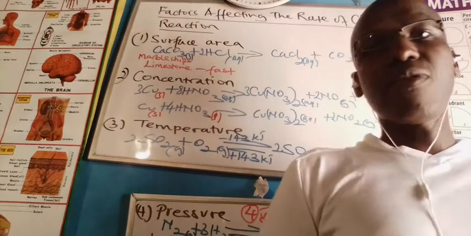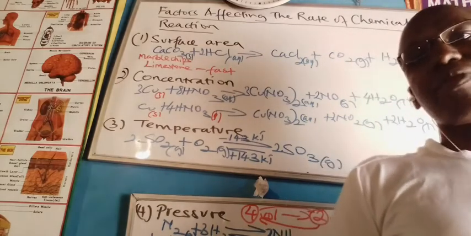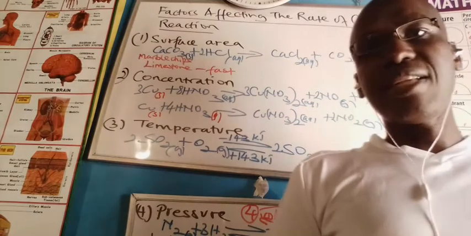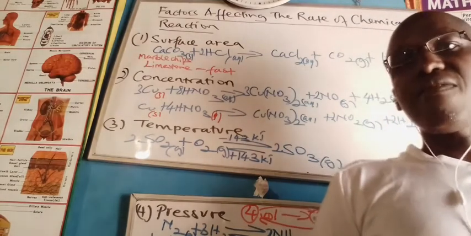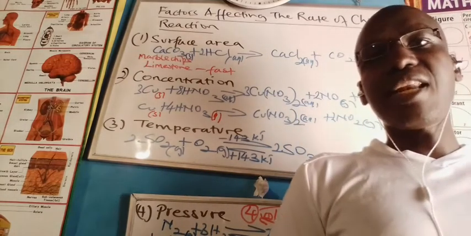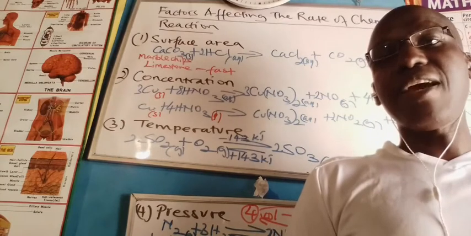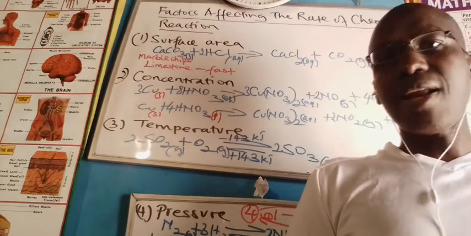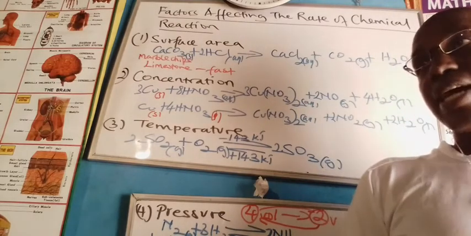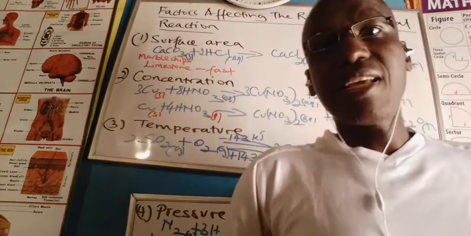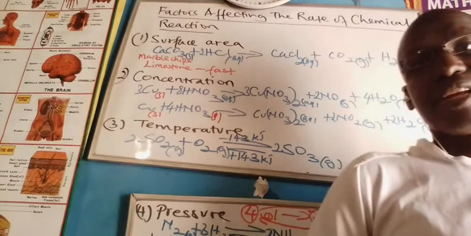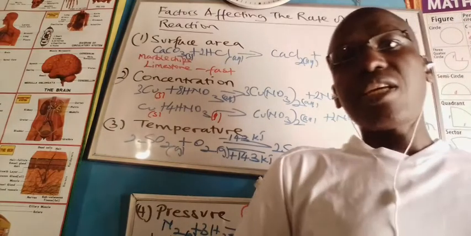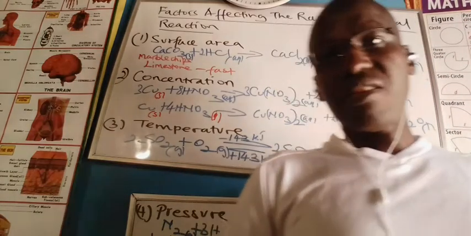The fourth factor we have looked at is pressure, and we have said all chemical reactions will be enhanced by pressure increase if the end result is a reduction in volume. However, if the end result is a rise in volume, then pressure has to be lowered. The fifth factor we have looked at is the catalyst, and we've said the catalyst is a substance which speeds up the rate of reaction without taking part in the chemical change.